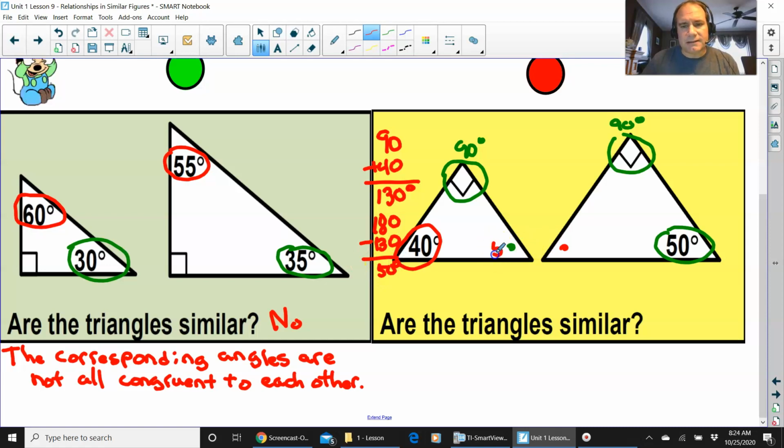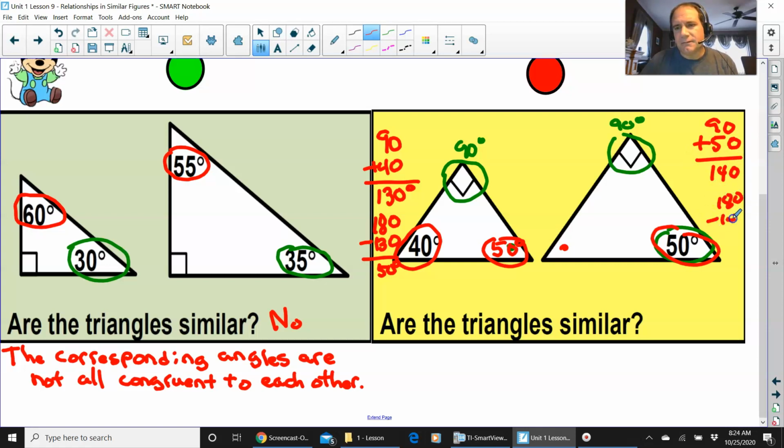So I know that this is 50, and the corresponding angles do match up, 50 and 50. Just to check, this is 90 plus 50, that's 140. 180 minus 140 is 40. I know that this is 40 degrees. And that's basically it. So we are saying that these are similar.